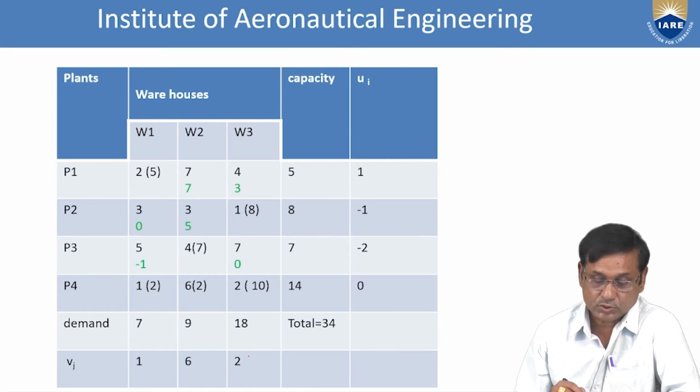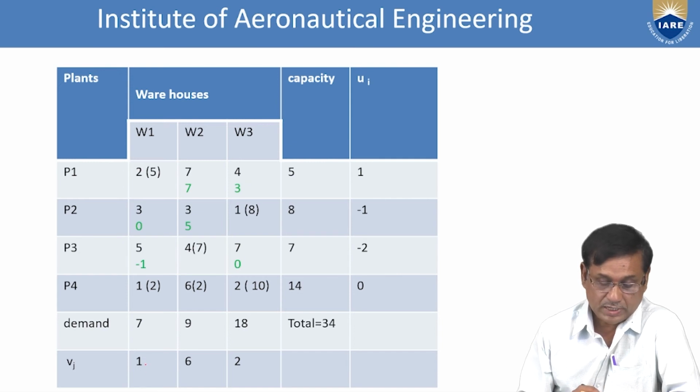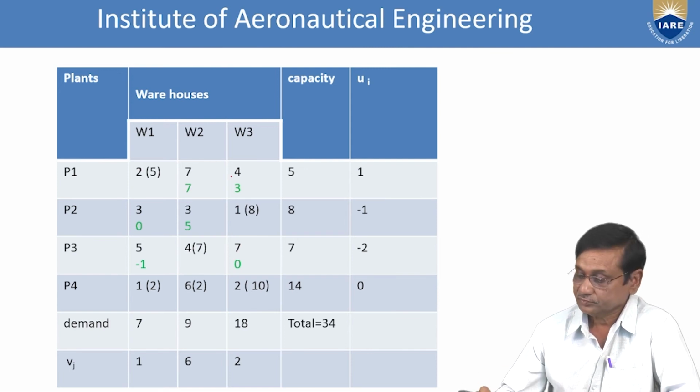So 1 plus 2 is 3 for this cell, and 1 minus 1 is 0, and 6 minus 1 is 5, and 1 minus 2 is equal to -1, 2 minus 2 is equal to 0. These green numbers indicate the Ui plus Vj values corresponding to the empty cells.